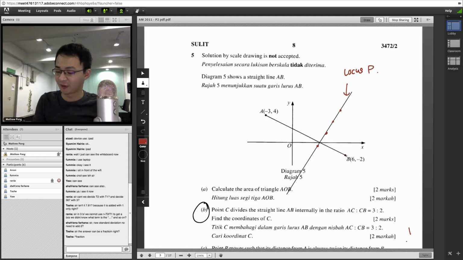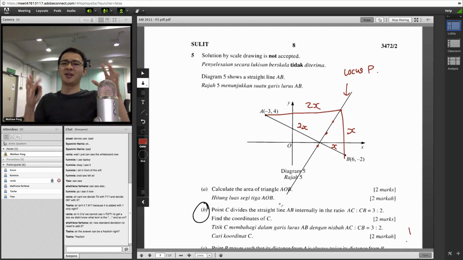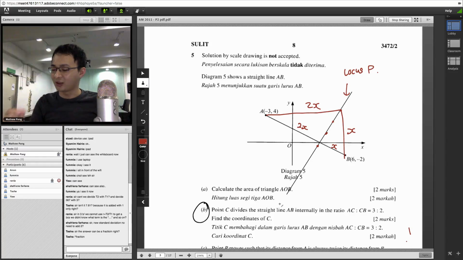If from here to here the distance is x, from here to here the distance should be 2x. This is what I mean by double. This is what I mean by locus. You can imagine a locus as a moving line. On the line itself, whenever the point P is on the line, the distance is always double.